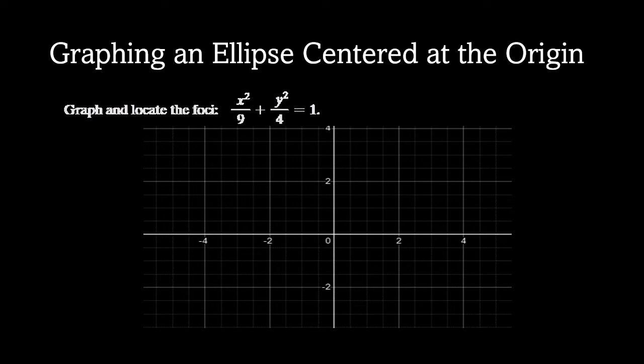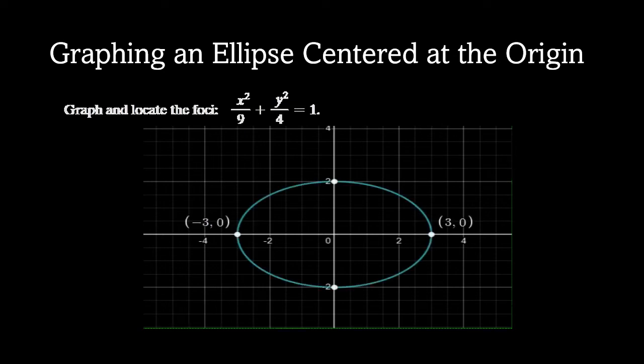Let's find the coordinates of plus or minus a, the coordinates of plus or minus b, and the coordinates of the foci. So (3, 0) and (-3, 0), these are my plus or minus a, and 2 and -2, these are my plus or minus b.